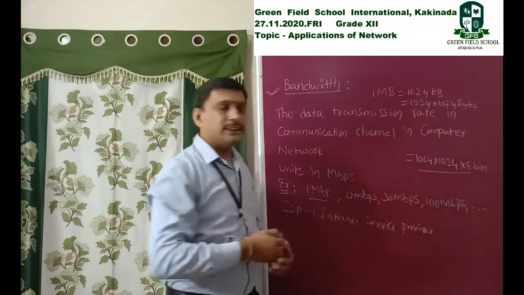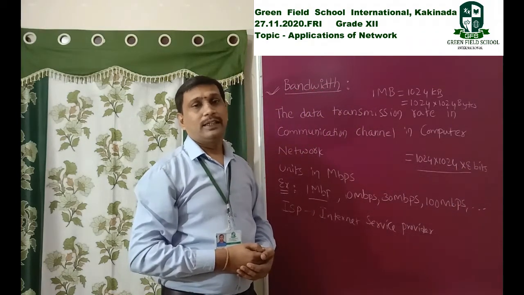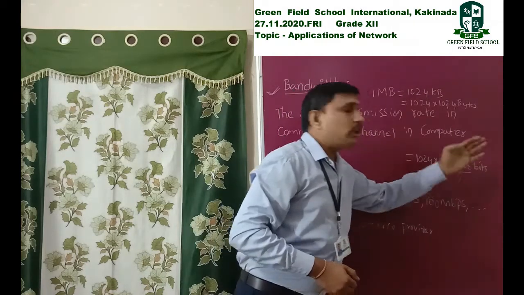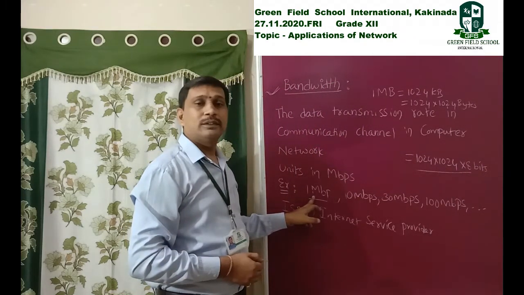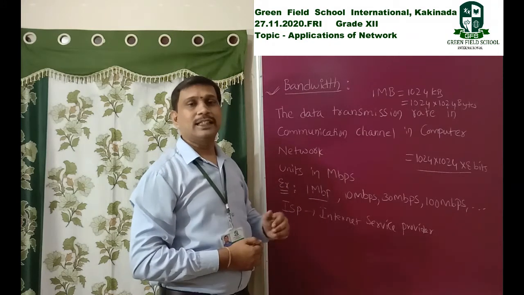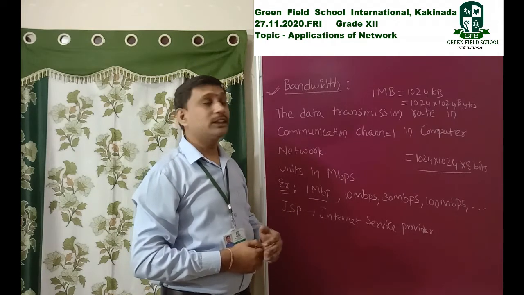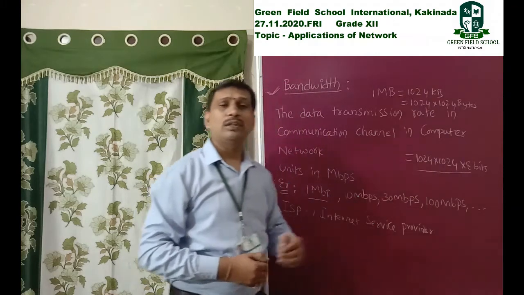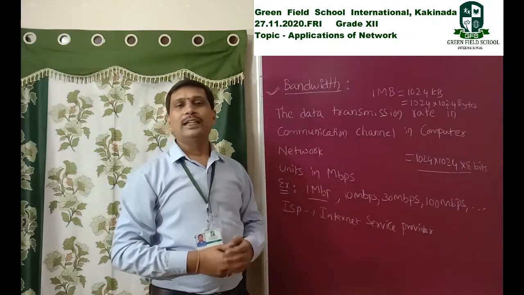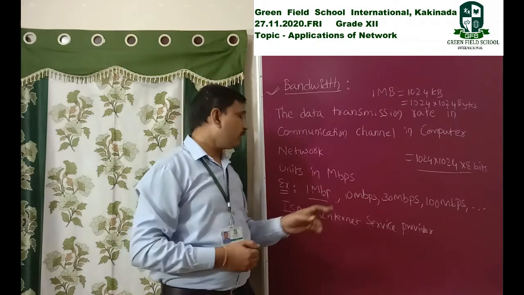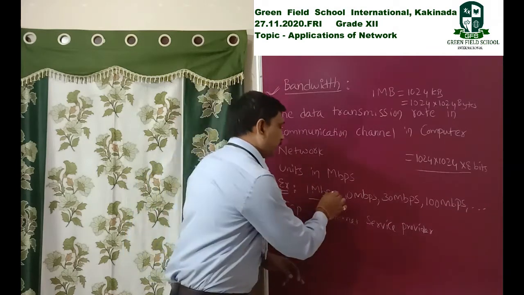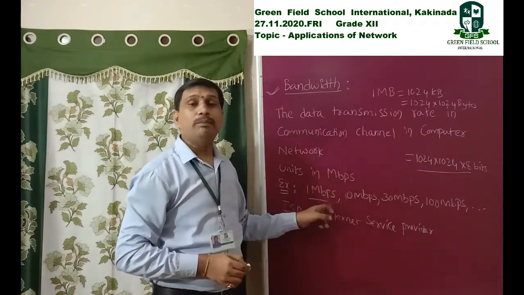Calculate this quantity. This many bits travel in 1 second. That is the concept of bandwidth. This much data can travel through the communication channel in a computer network in 1 second. That is the concept of 1 Mbps.